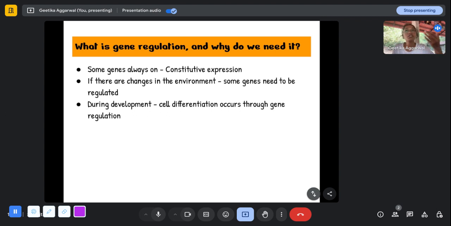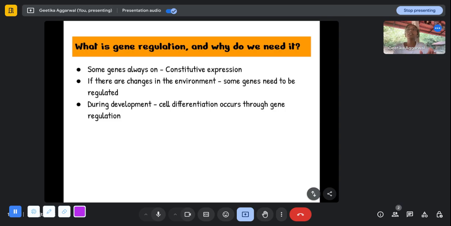For example, the circulatory system, nervous system, excretory system, digestive system. All of these cells possess the same DNA. They have the entire gene sequence, the entire instructions, but they choose to follow only some of these instructions, and that is how differentiation happens.